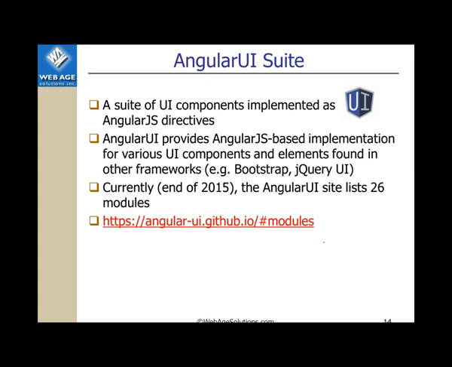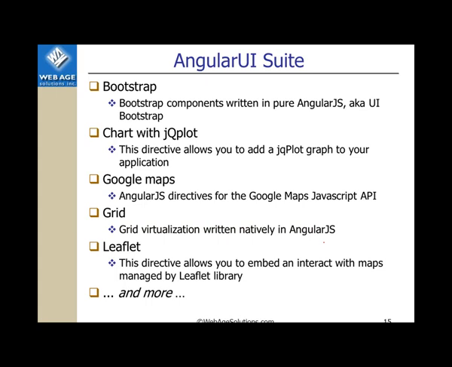In many cases, it's rather limiting in case of Bootstrap, but they just extended it to the new dimension. And currently, there are 26 modules that you can view by going to this website. Okay, so 26 modules, and they're very efficient. They have been thoroughly tested, production ready.